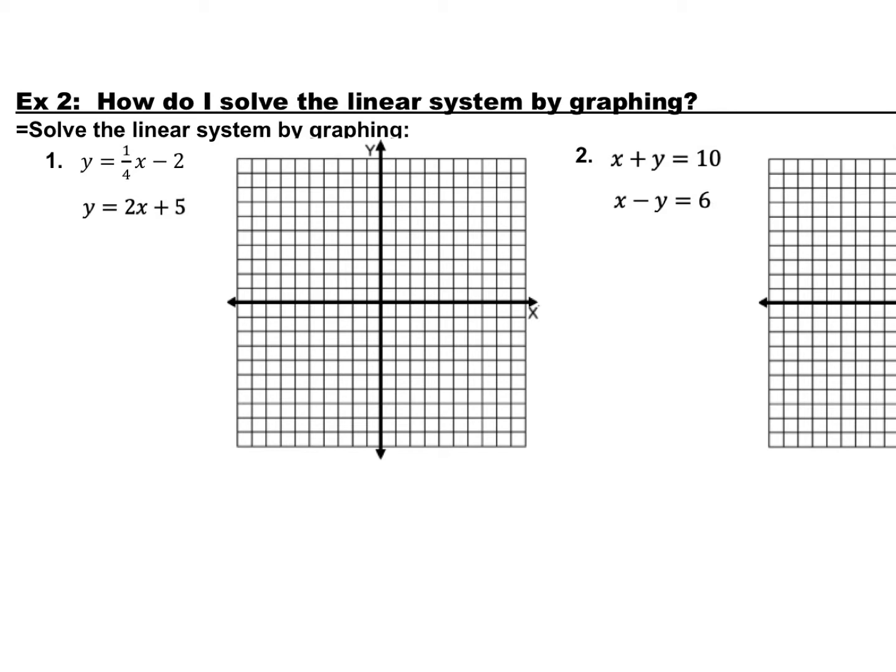So I'm going to graph my first one. I have y is equal to 1/4 x minus 2. So I'm going to graph this by starting at my -2, and then I have a slope of 1/4, so I'm going to go up 1 over 1, 2, 3, 4. All right, so I've graphed this one, and sometimes for these I like to graph more than one point because I'm looking to see where they're intersecting.